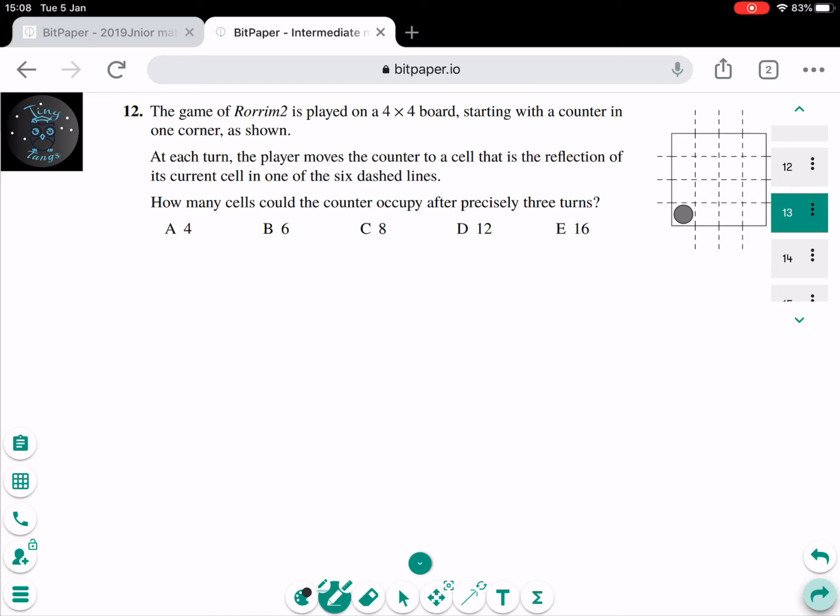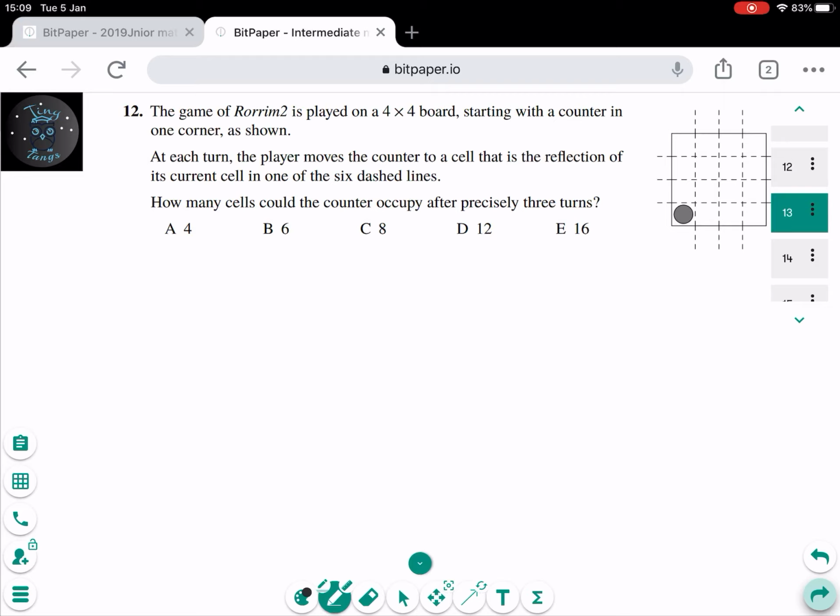For question 12, it says the game of Roram 2 is played on a 4x4 board. So it starts with a counter here. I hope you can see that. The question might seem very loopy, but it's basically asking how many places the counter could land after 3 turns.